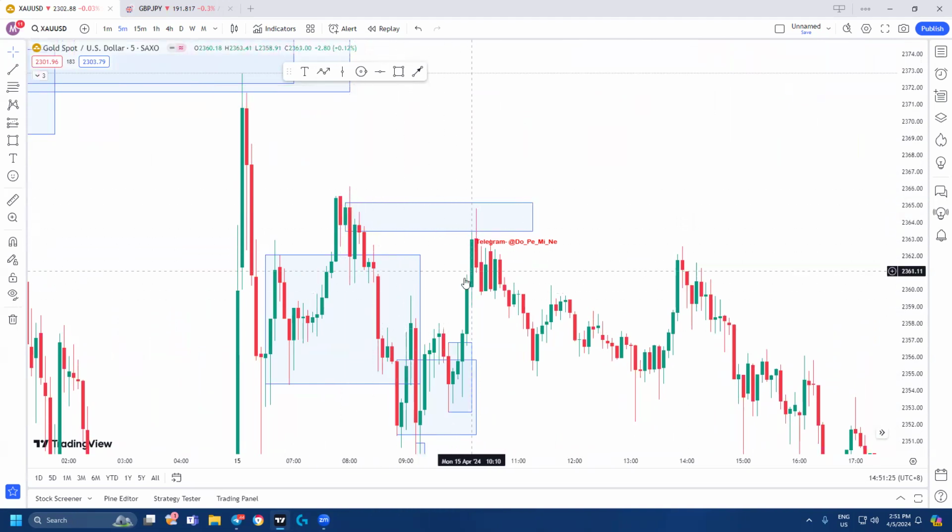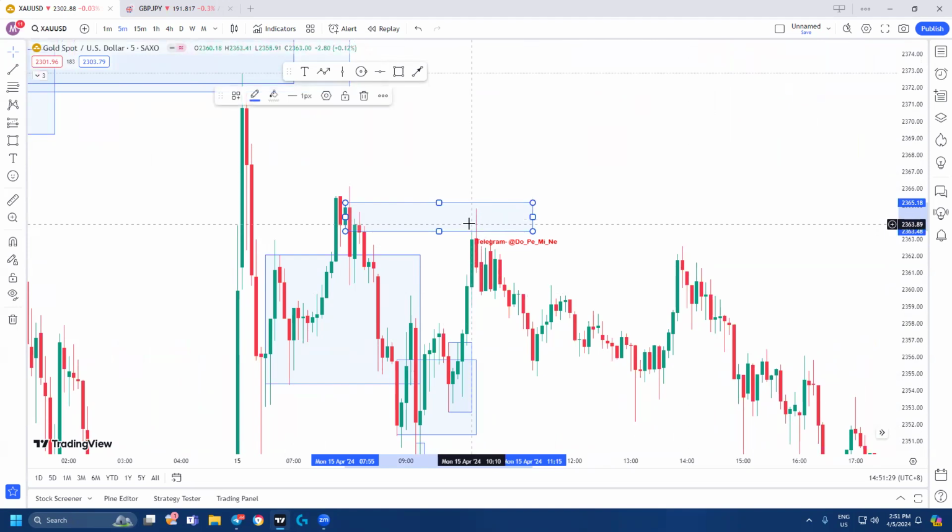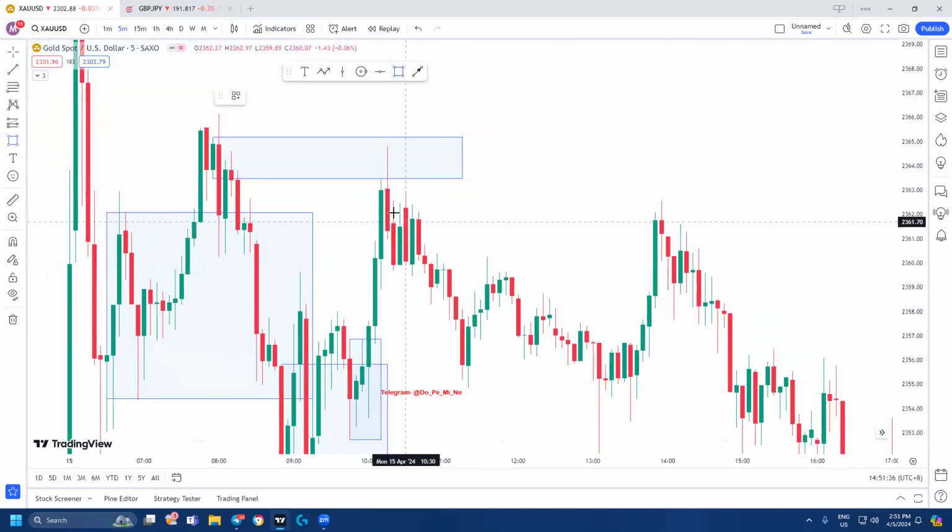And the price goes to this one and we straight away make entries. I don't trade like that. I will 100% wait for the new CMP.